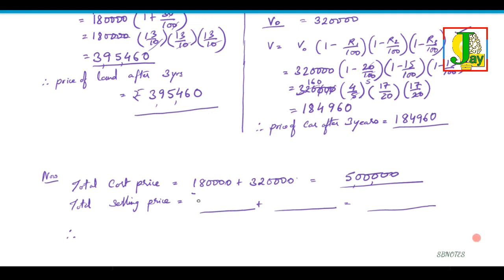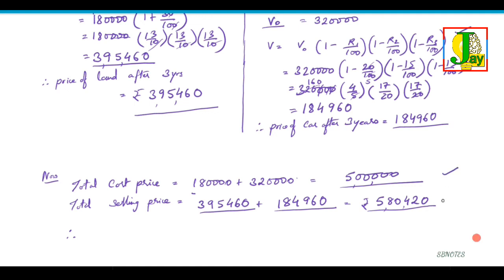In case of land, the selling price has gone up, that's 3,95,460, and the selling price of the car has gone down, 1,84,960. You get rupees 5,80,420.